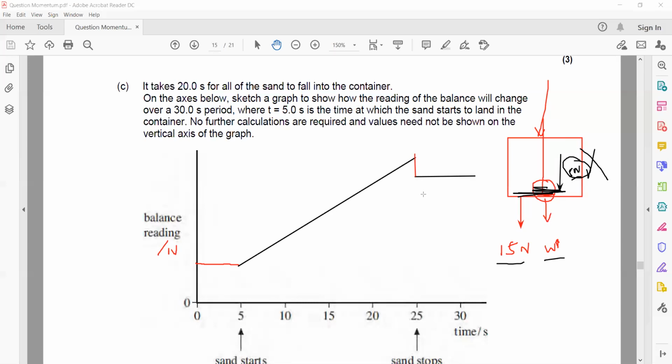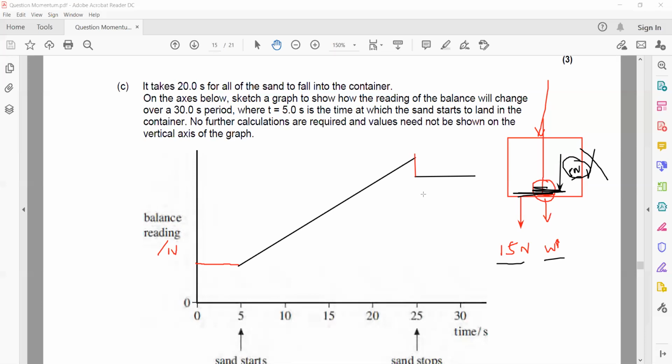In the beginning, because the sand was not moving, that force was not contributing anything. That was only the weight of the container. But when the sand is added to the container, there is a change in momentum that causes a downward force. And the weight of the sand is also increasing at a constant rate, because the amount of sand in the container is increasing.